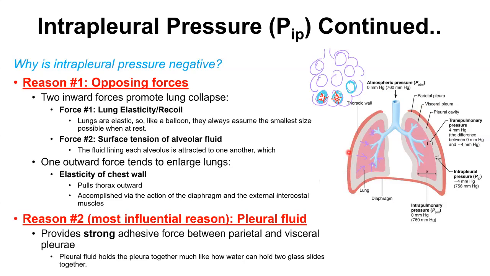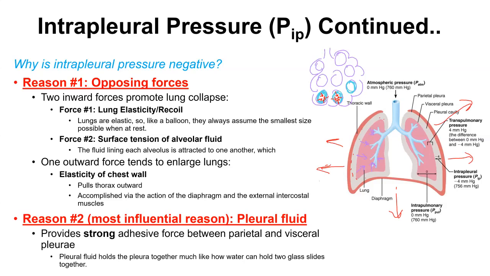So whenever the chest wall expands, the diaphragm moves down, the chest wall expands. It's basically going to pull the lungs with it. All right, so it's going to pull the lungs with it, and that's going to keep the lungs inflated. So like when you're breathing in, you can feel your chest wall getting bigger, right?